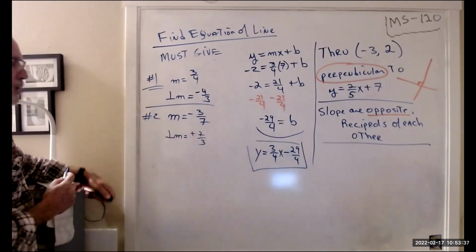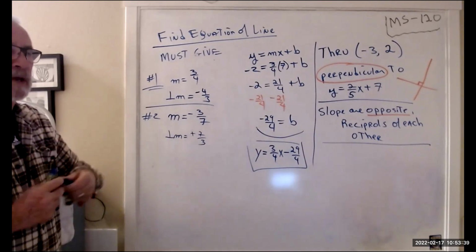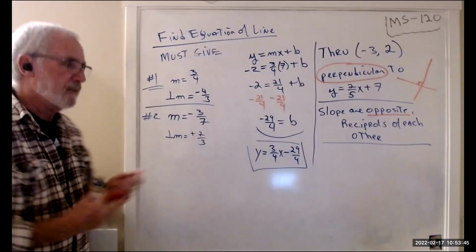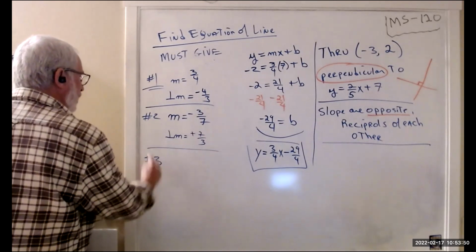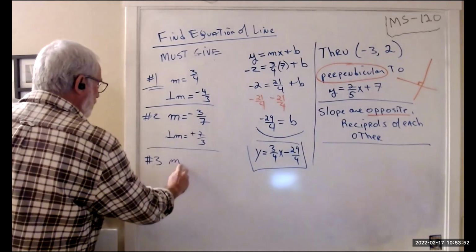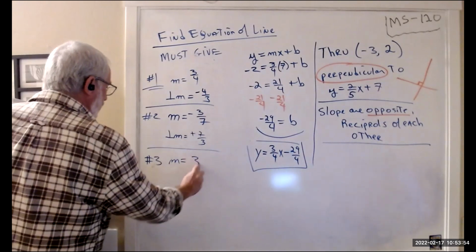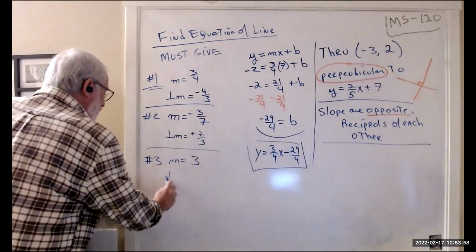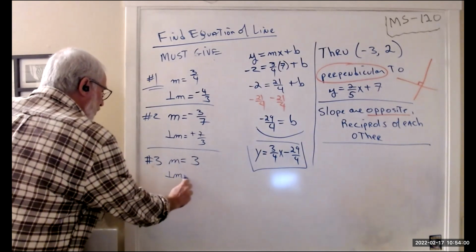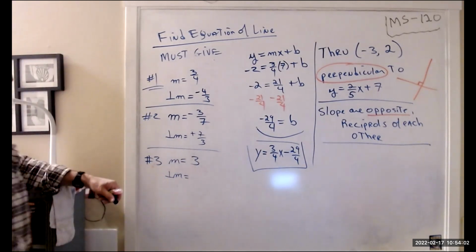You don't have to put the plus there, but I'm going to, because I want to emphasize the switch from negative to positive. But you're right. What if I have another one where my slope is 3? What is my perpendicular slope? -1/3. Good.